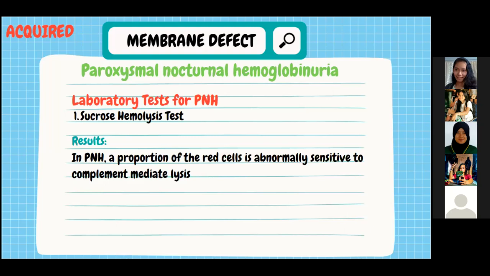It helps by testing how they will withstand swelling in a sugar or sucrose solution. The result in PNH is that a proportion of red cells is abnormally sensitive to complement-mediated lysis. Next.